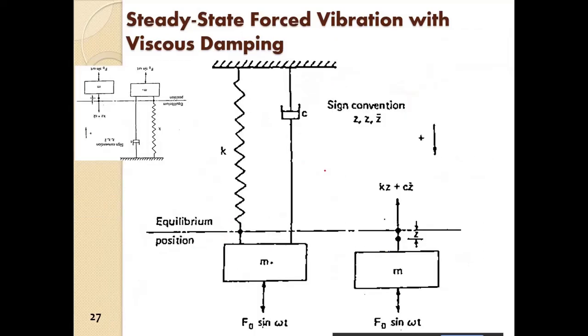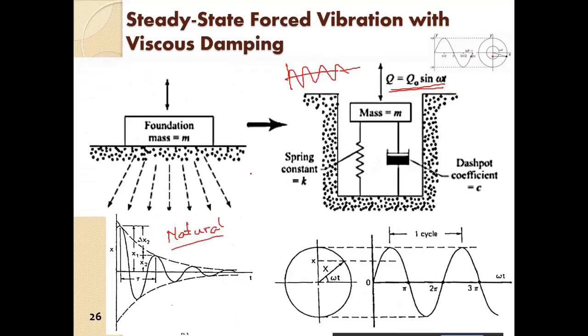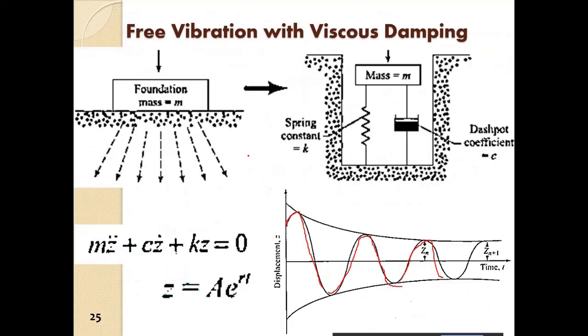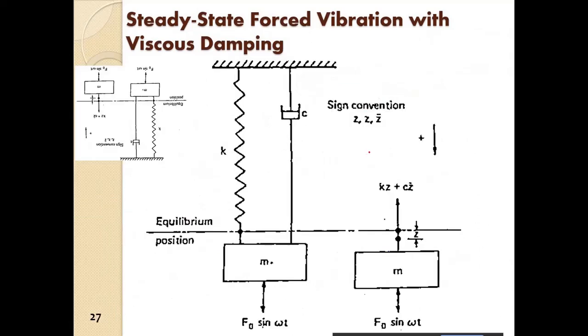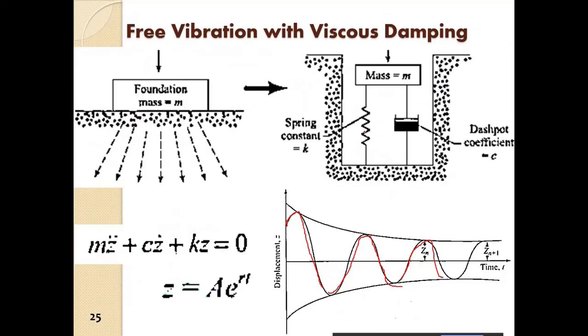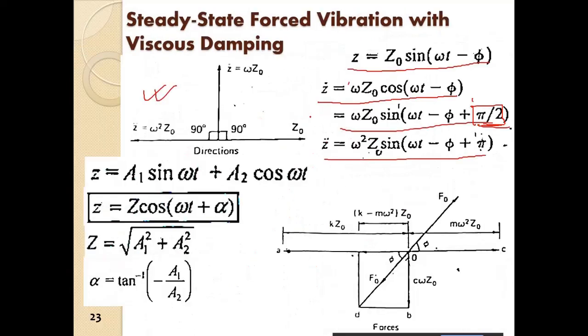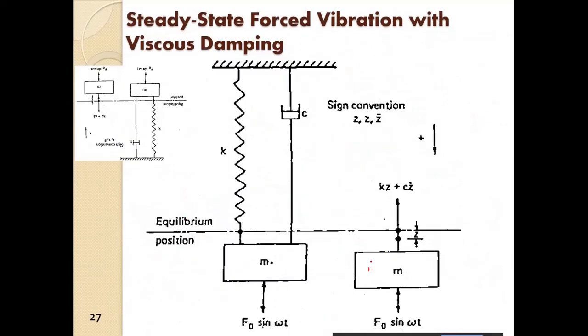So what we have to do now is, we have this mass and it is acted upon by this force. Again, as in the previous case, we will look into the forces which are acting.